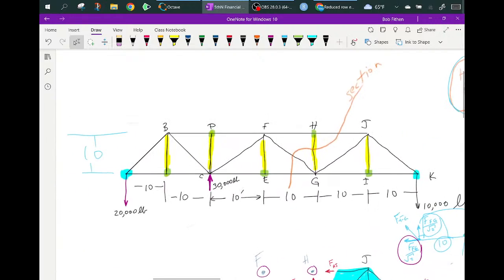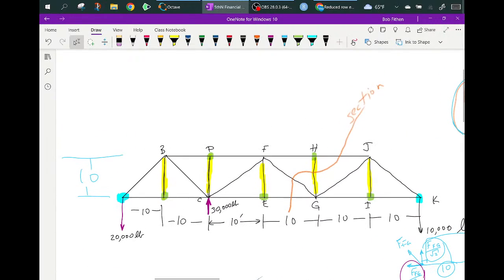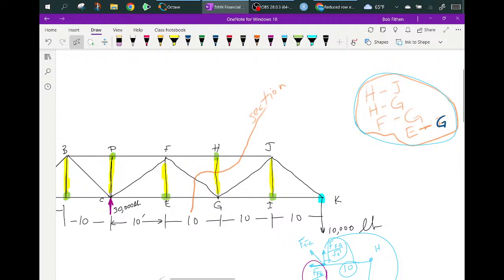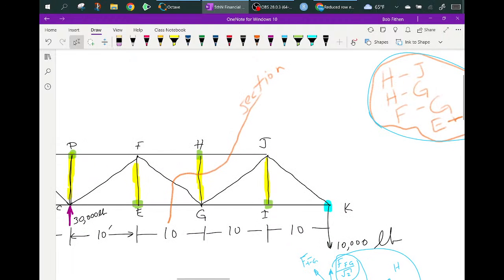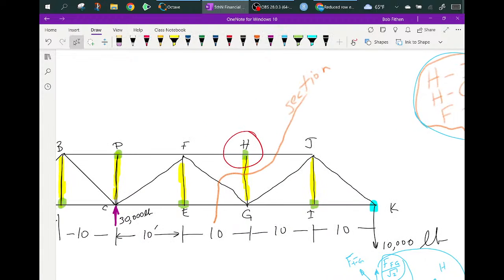Well, we recognize to begin with, if I look at H, and I think we talked about this because I got the yellow marks and the green marks, if I look at this and do nodal analysis at H, here's the pin, and I'm going to have some kind of force here and some kind of force here.